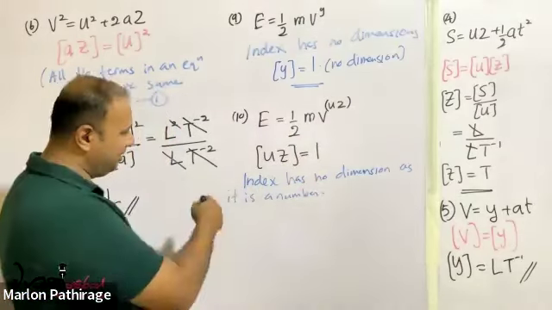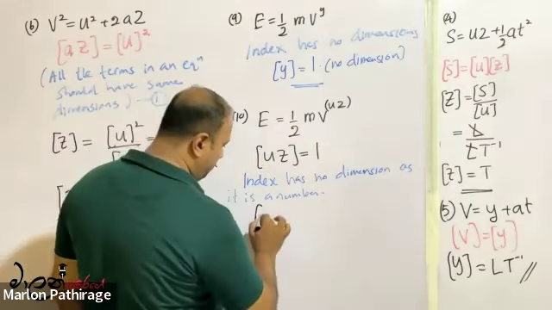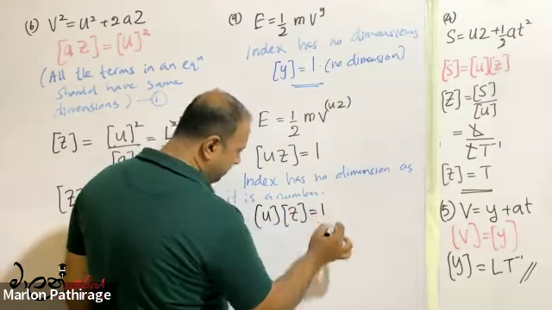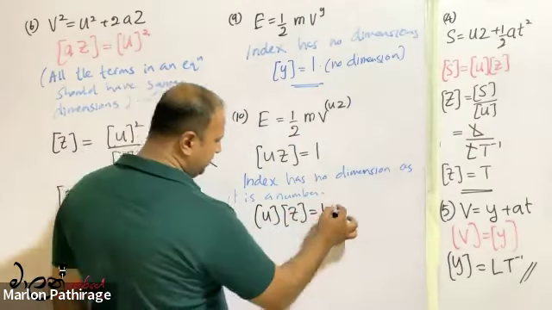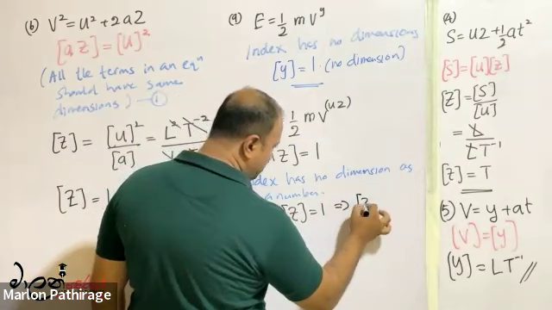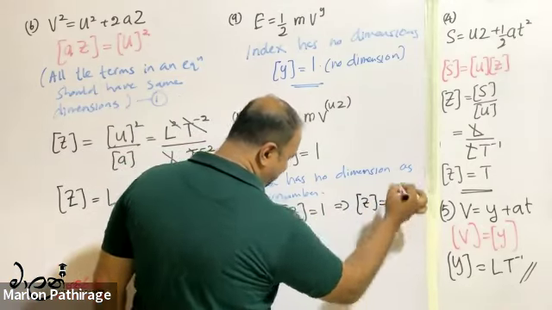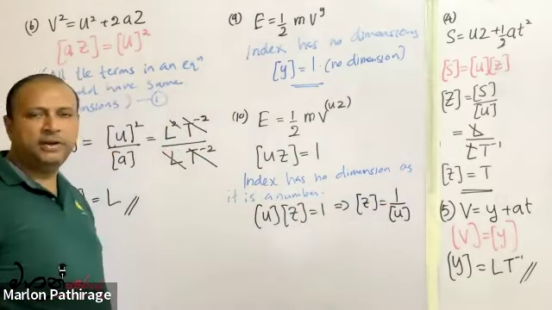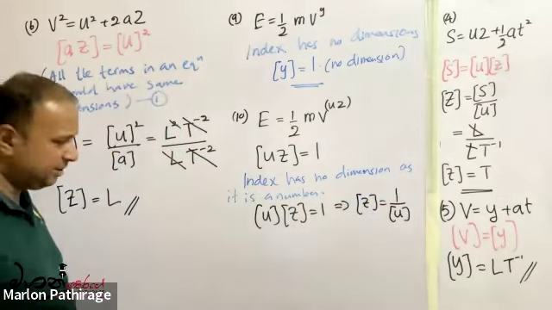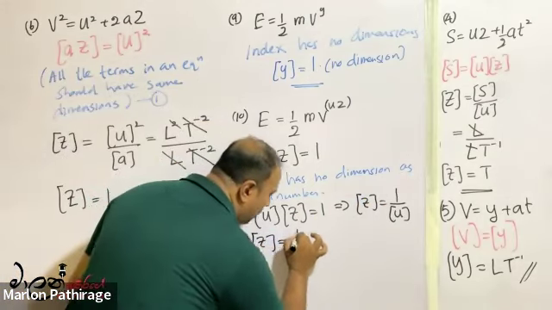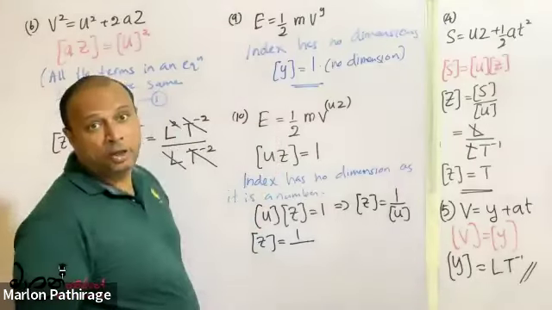Therefore, dimension of U into dimension of Z is equal to 1. That means dimension of Z is 1 over dimension of U. You can make it the subject, so dimension of Z is equal to 1 over U.